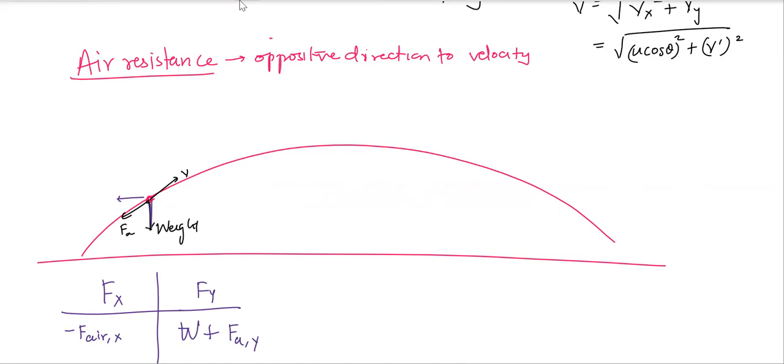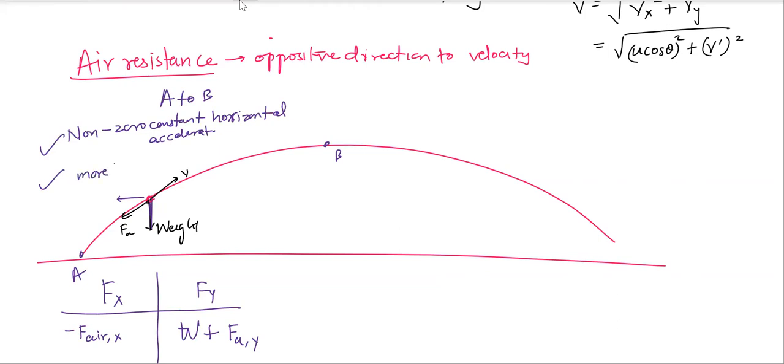So what we will see is that for this part from A to B, for a projectile, there will be more acceleration downward and there will be non-zero constant horizontal acceleration. We will also see a greater acceleration value than g, so greater acceleration downward.